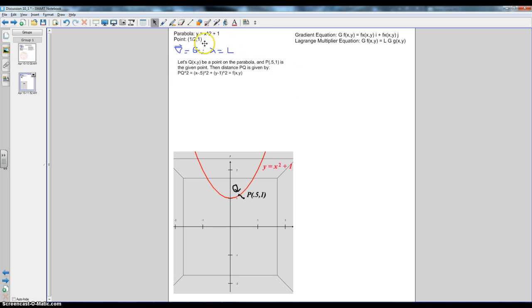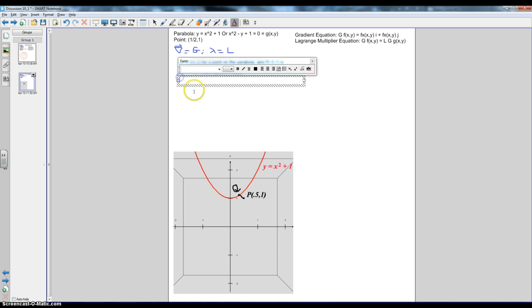Let's look at the parabola again. y equal x squared plus 1, or we can write it as x squared minus y plus 1 equal 0, and we will call it g. One more thing is the problem asks us to find the minimum.